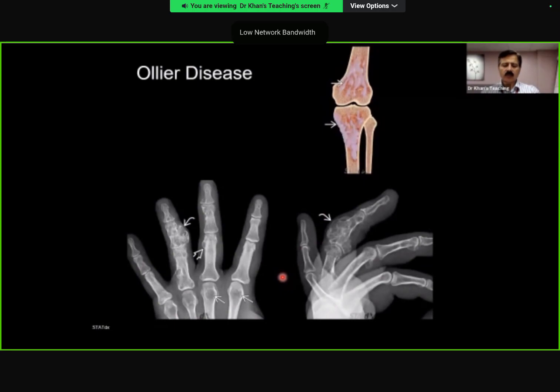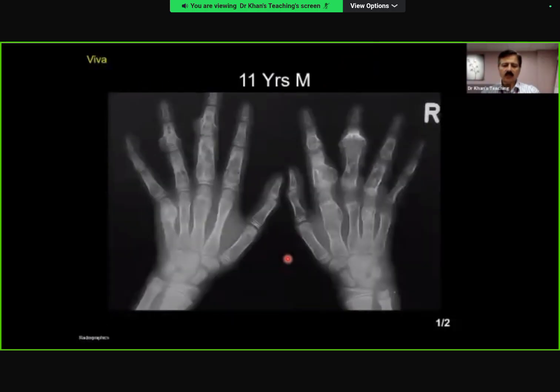There is a rate of malignant transformation in the literature, and there is a bit of controversy about that rate. But having said that, you should just know what Ollier's disease is, and they might show you a case with malignant transformation.